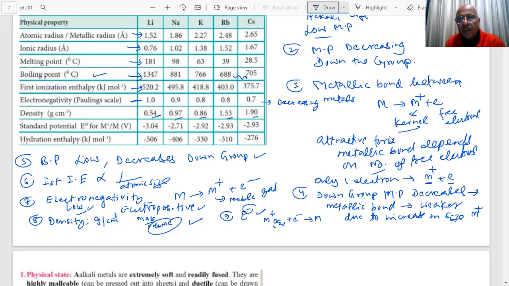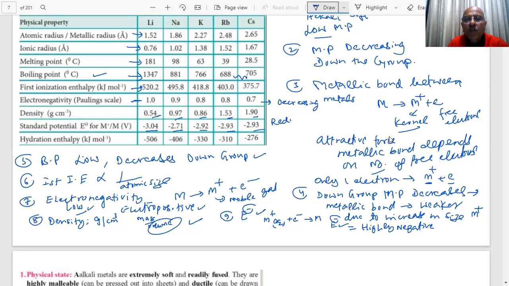This E naught value, what you see is highly negative. Is it negative? Minus 3.04, minus 2.7. Therefore, students, they do not want to gain electrons, they will lose electrons, reverse.